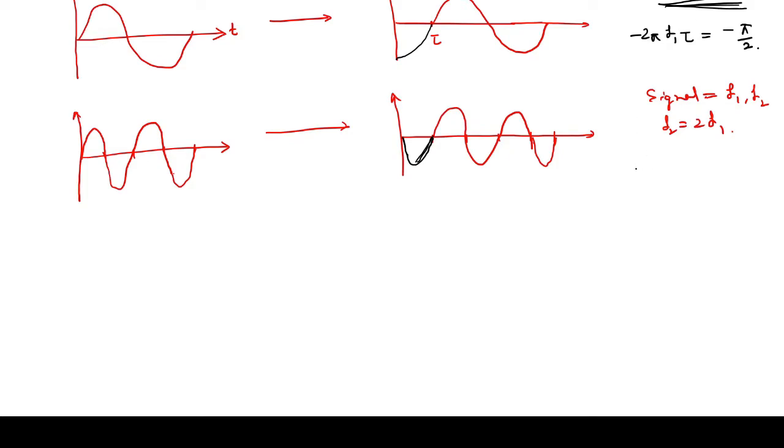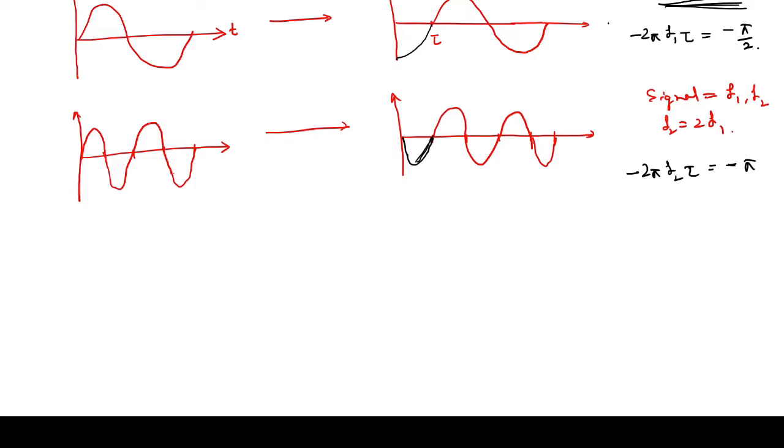So we have this frequency component as minus of 2 pi f2 tau is equal to how much phase shift has been there? The phase shift is minus of pi.